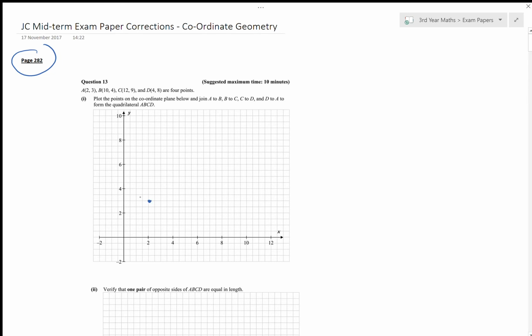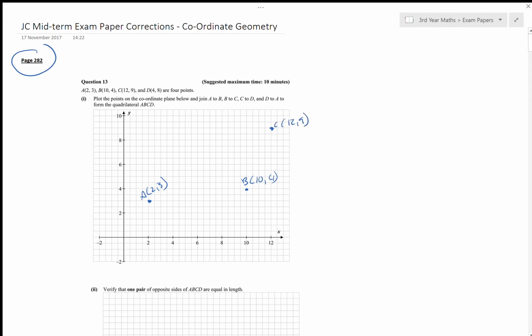And call the point A, 2 and 3. Then we're going to plot B, so that's 10 and 4. So you go to 10 on your x-axis, up as far as 4, and plot your point. That's B, 10 and 4. Then you go to 12 on your x-axis and up as far as 9 on your y, and plot the point C, which is 12 and 9.